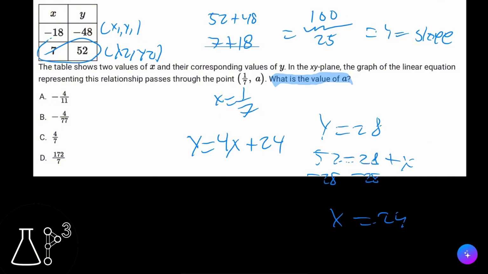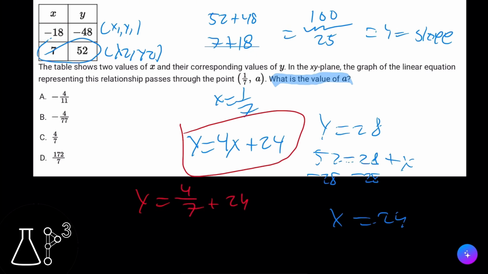If I plug that into the equation, I get y equals 4 divided by 7, plus 24. And then what I want to do is multiply 24 by 7 to get a common denominator. Oh, I did this incorrectly, sorry.